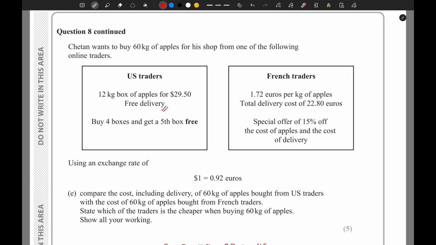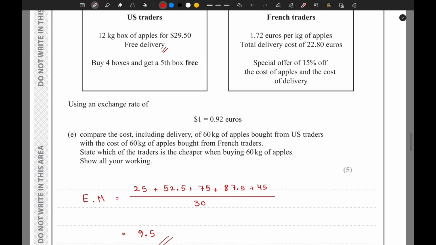For the French trader, it is 1.72 euros per kilogram of apples, a total delivery cost of 22.8 euros, and a special offer of 15% off the cost of apples and the cost of delivery. Compare the cost including delivery of 60 kilograms of apples.